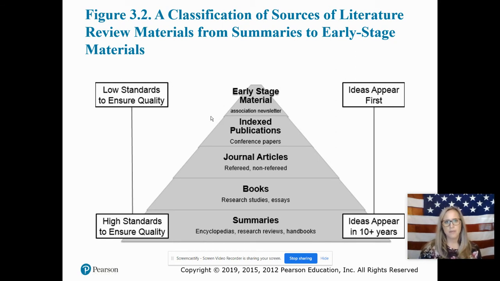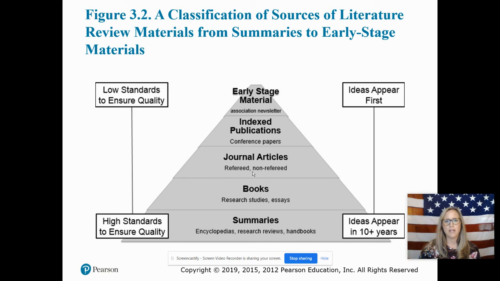Up here at the top, this would be your primary sources, at the top of the triangle. This is just a model on how you can conduct your literature review. So if you start at the bottom, you have your secondary sources. So somebody summarized, like an encyclopedia. That's considered a secondary source.